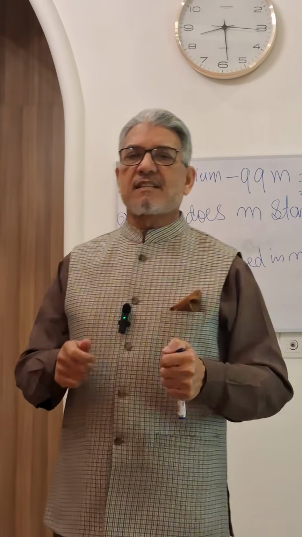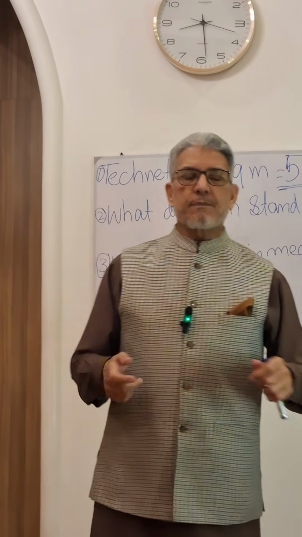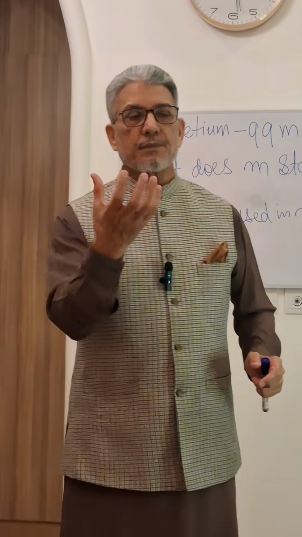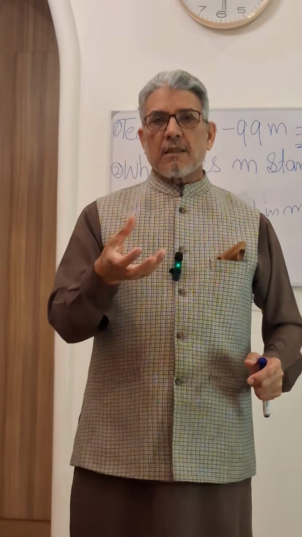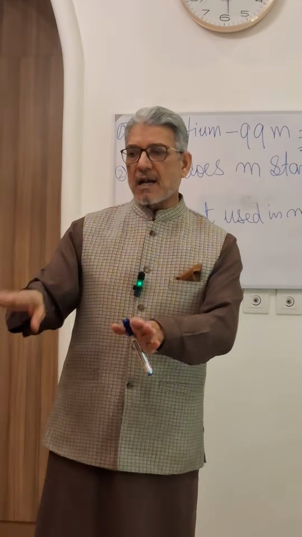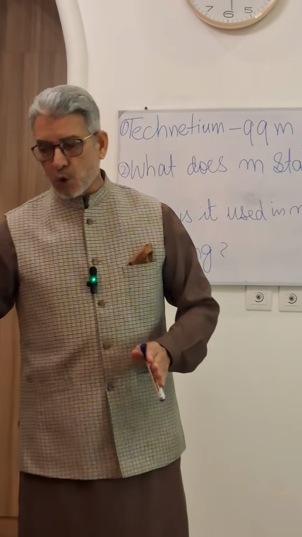So it emits energy in the form of gamma rays. Now the gamma cameras detect those gamma rays, their path, and where they have accumulated. So everything is detected by the cameras which are lying outside the patient, close to the patient.